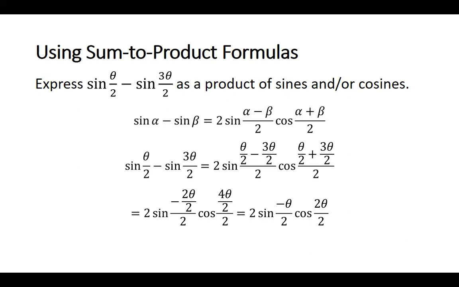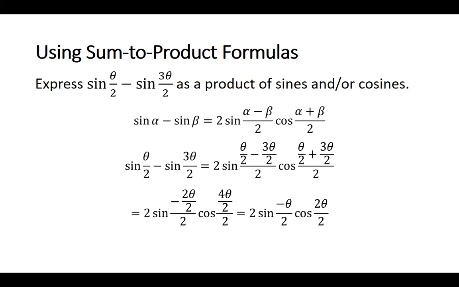Now we see here that we can do a little simplification. Be careful about where you do your division here and where you're canceling. You've got negative 2 theta over 2, over 2. When you cancel that 2 from the denominator, that is canceling from the numerator of the numerator.